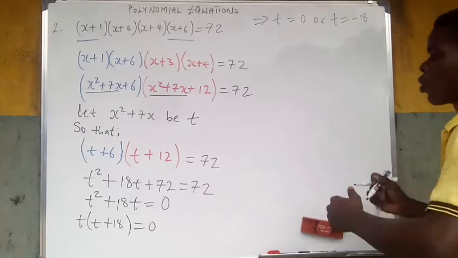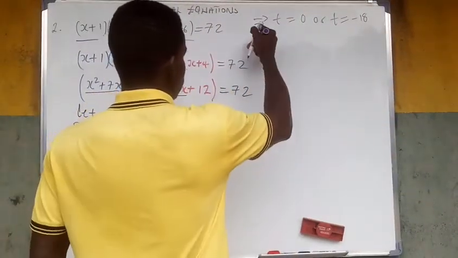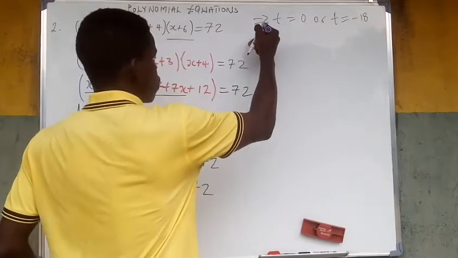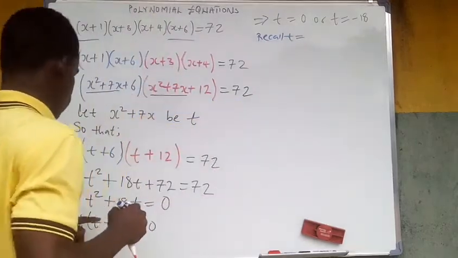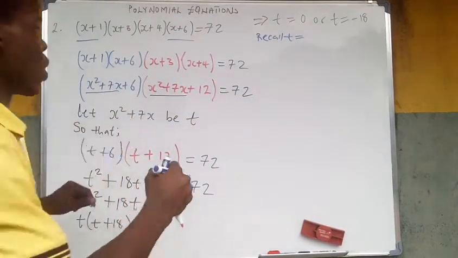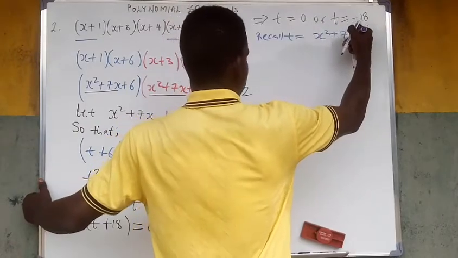How? Now recall that t was equal to what? x squared plus 7x.